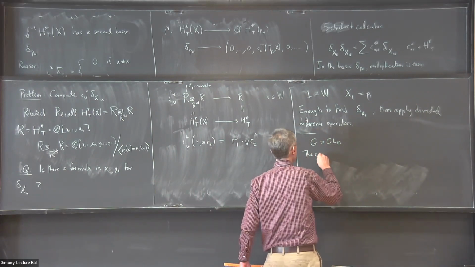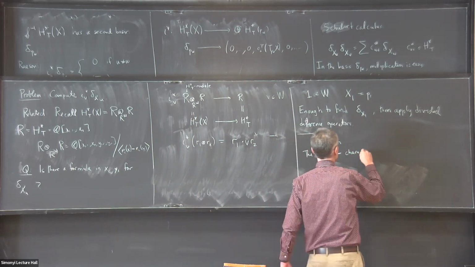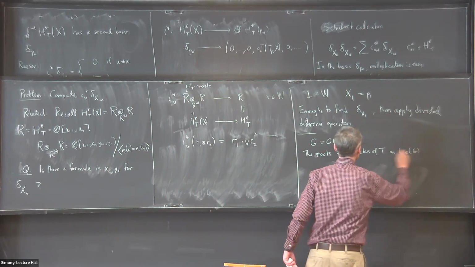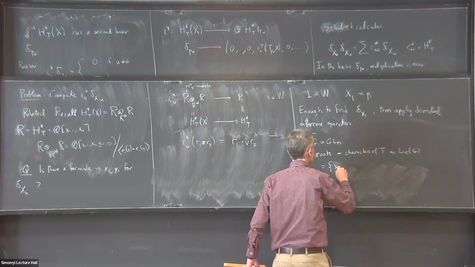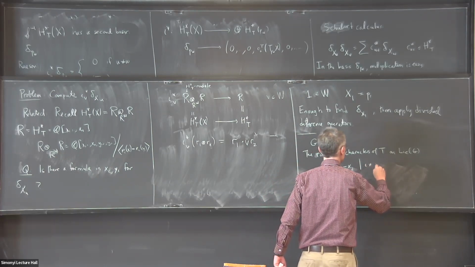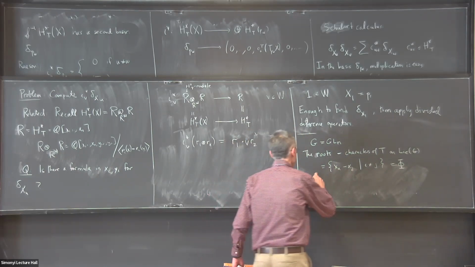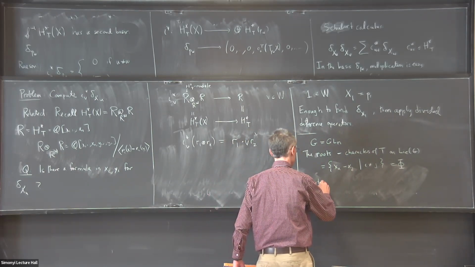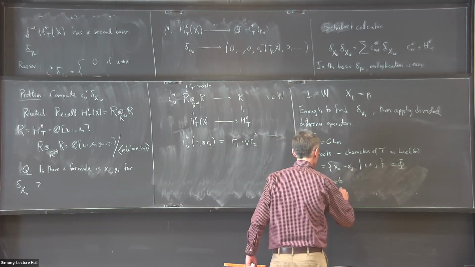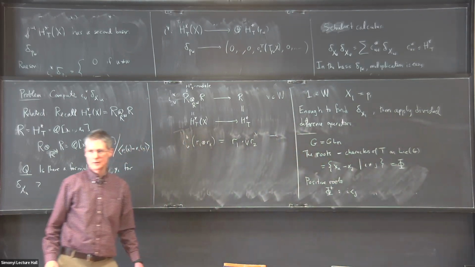The characters, the weights, the roots are the characters of T on the Lie algebra of G. This is just a set of characters, the set X_i minus X_j, where i is not equal to j. That's often called capital Phi. And then the positive roots are Phi plus, where we just impose the condition that i is less than j among the set of roots there. Okay.